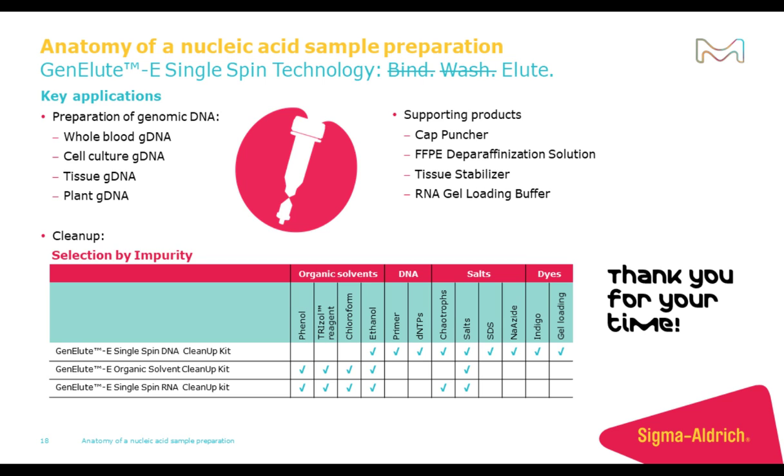So this is not a xylene deparaffinization solution, so it's a lot safer to use. We also have a tissue stabilizer and an RNA gel loading buffer. Plus, if you're not isolating directly from a lysate, if you're just trying to purify or deplete an impurity from your sample, we also have these cleanup kits that are also available, and you can use our handy-dandy selection tool here in order to choose for your cleanup type.